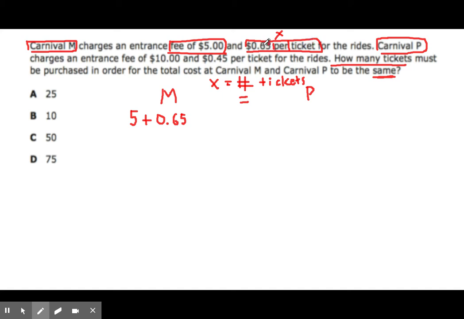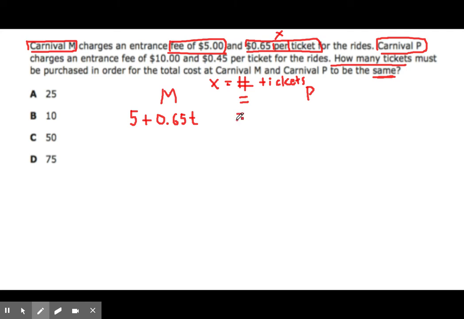So 65 cents times the number of tickets. We don't know the number of tickets. That's our variable. So this time I'm going to use the letter T. All right. So 5 plus 0.65 times T, or $5 plus 65 cents times the number of tickets. All right.